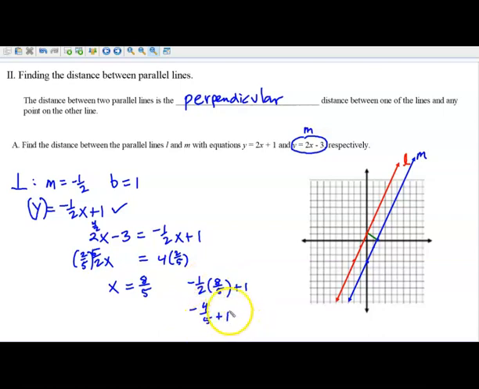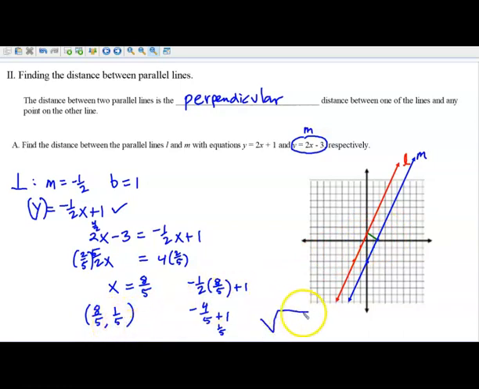So negative 4/5 plus 5/5 is positive 1/5. All right, so now I know exactly where that point of intersection is. It's the point 8/5, 1/5. All right, so now let's find out what the distance is between L, which that point is 0, 1, and this point on M, which we've identified as 8/5, 1/5.